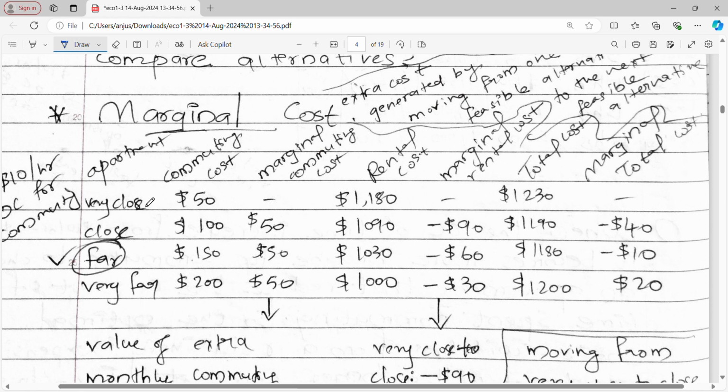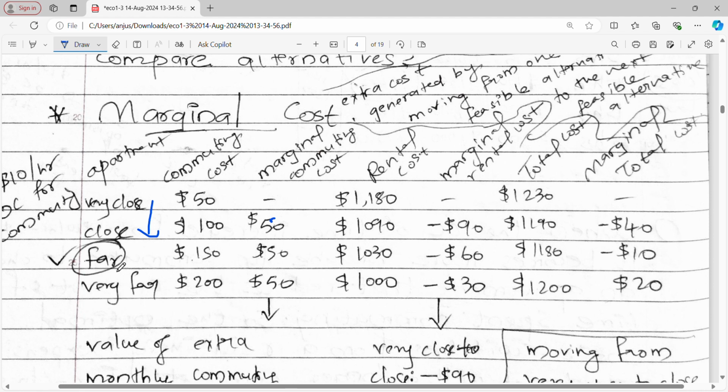Then for moving from very close to close, you need to spend an extra $50, that is from $50 to $100. Extra $50 in commuting cost, that is, marginal commuting cost is $50. Again, when you move from close to far, you are spending $50 more.